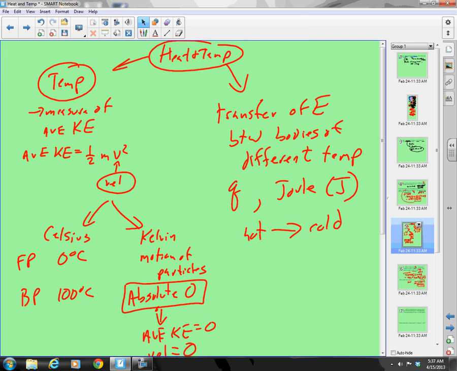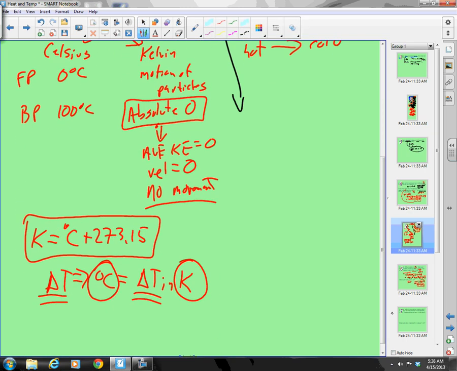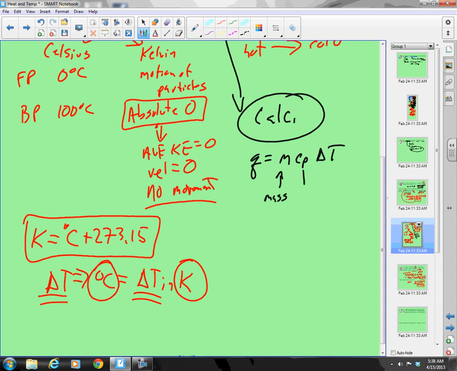And then we started talking about some calculations that we could do with heat, and that we have a big equation, the most important equation, right? Q is equal to mc sub p delta T, where this is the mass of my body, this is the specific heat of the body, and this is the delta T, change in temp of the body.